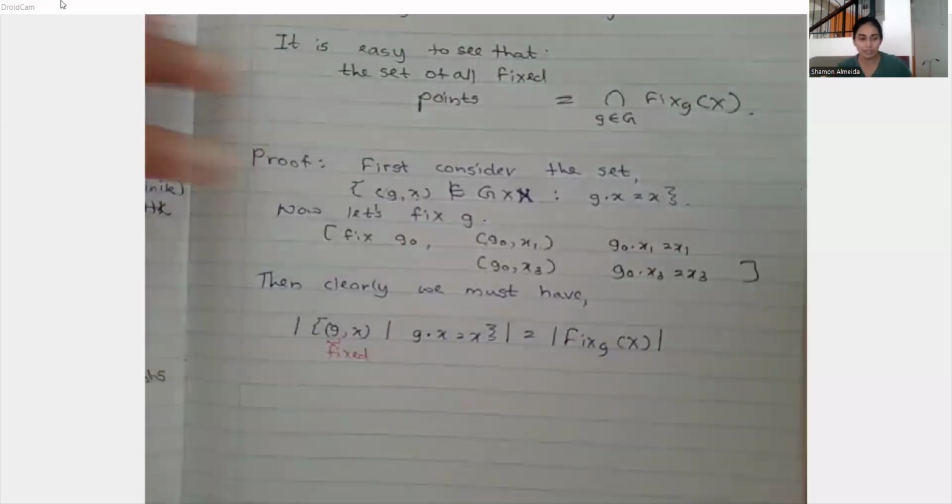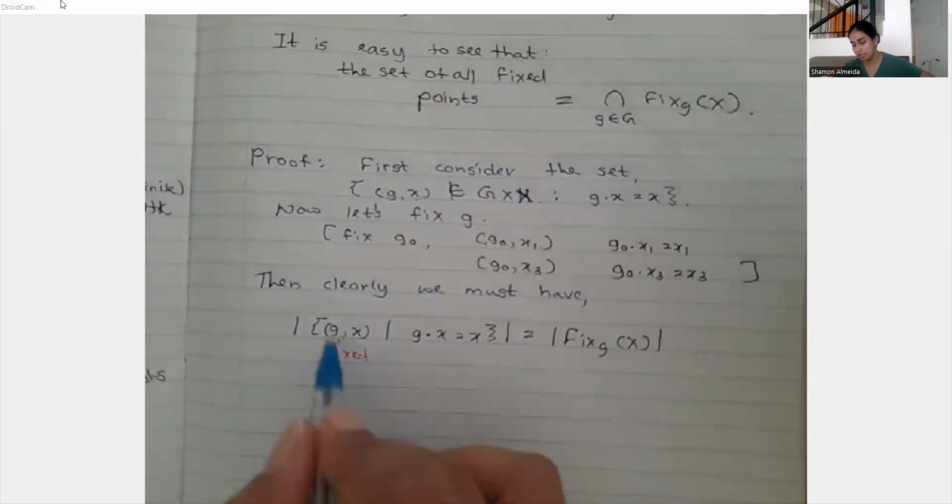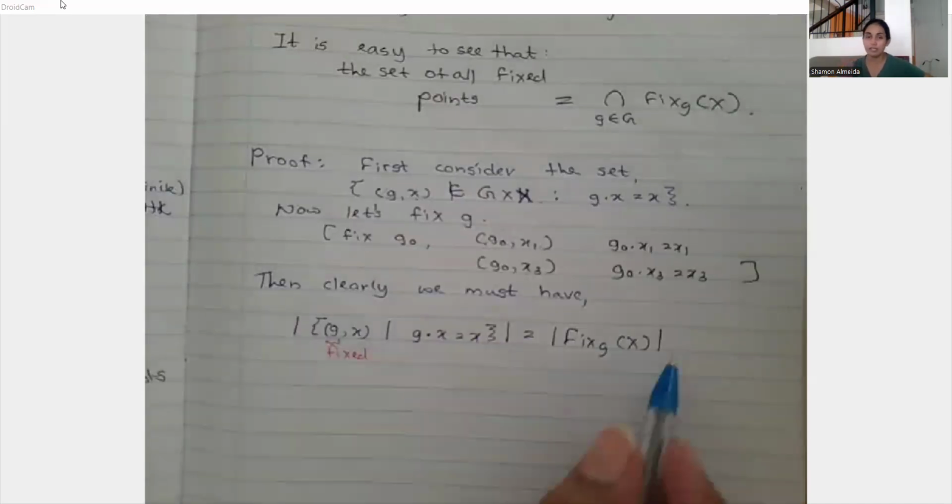Okay, so we have this. Right. Now we fix g, vary x, and we notice the number of elements in this set is the same as the number of elements in this.